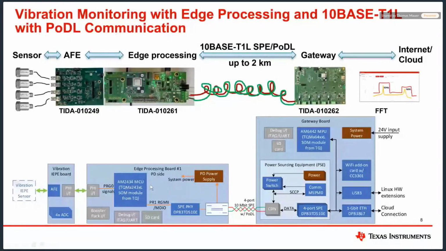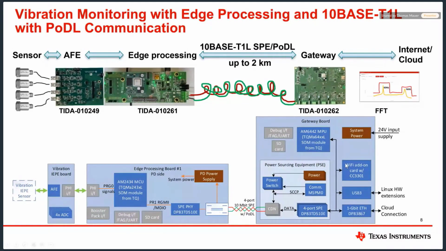Here we do a calculation. In this example, we do an FFT calculation of the samples, and then we send this information. We could run more algorithms on this edge processing board, but right now we transmit the results of this FFT to the gateway board over the single pair Ethernet.